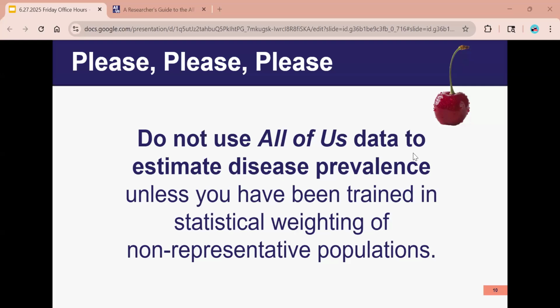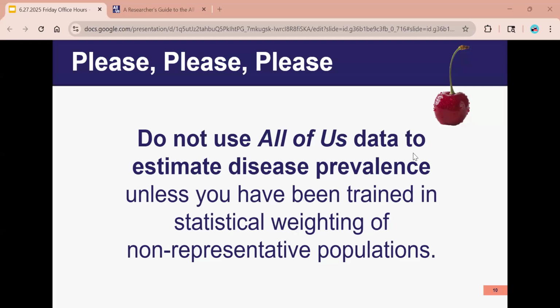Similarly, if you're saying, this is the percent of people in the All of Us research program who have Alzheimer's, you might see that it is very, very different from a representative sample of the US. And that's not because the representative sample is wrong, it's because our sample is non-random and non-representative. Thus, doing disease prevalence estimates from our data is extremely challenging and not advised.